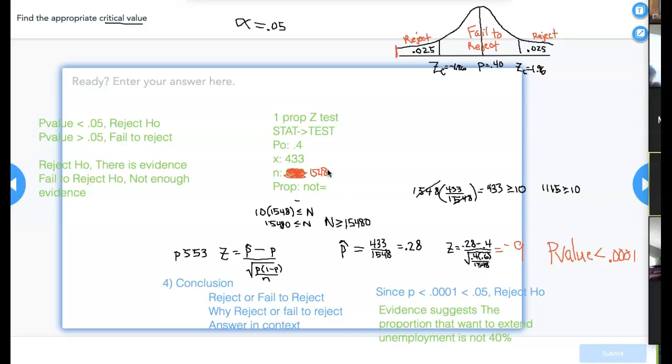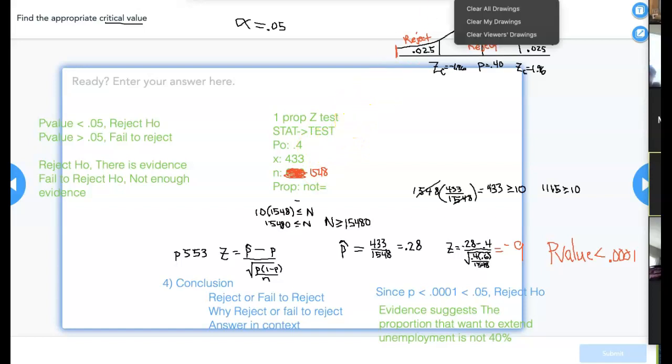If you do a greater than test, is 0.28 greater than 40%, then you get a really high p-value, like a 99% chance. That's not evidence that 0.28 is greater. We know that 0.28 is actually less than 40%.